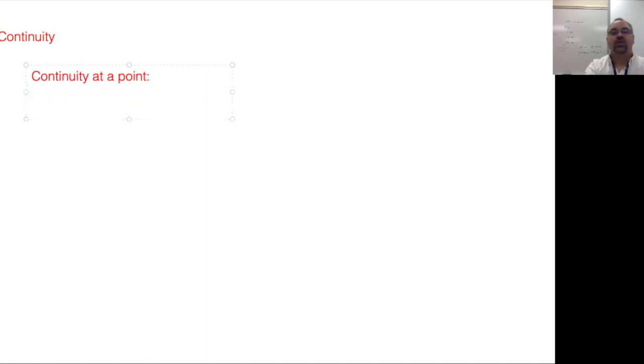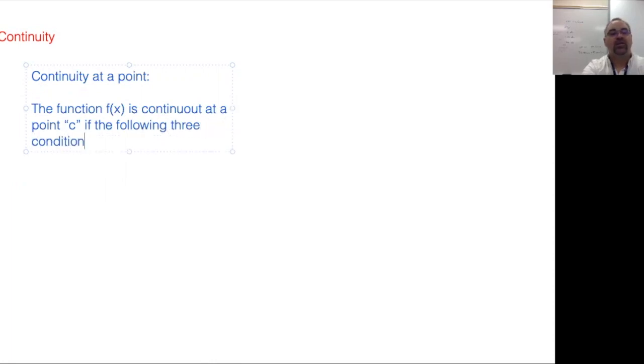Okay, so what we'll say is that the function f of x is continuous at a point, we'll call it c, if the following three conditions are true.